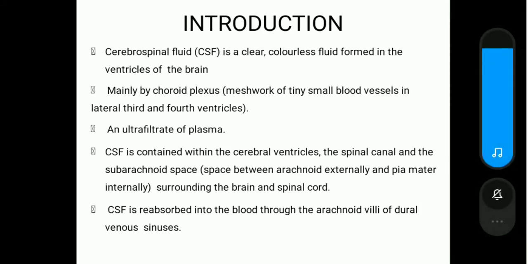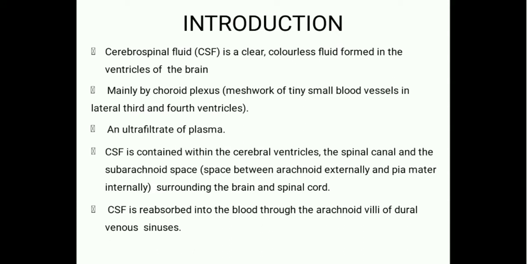CSF is a clear, colorless fluid found in the ventricles of the brain, mainly by the choroid plexus, that is the meshwork of tiny blood vessels in the lateral, third and fourth ventricles. CSF is an ultrafiltrate of plasma.